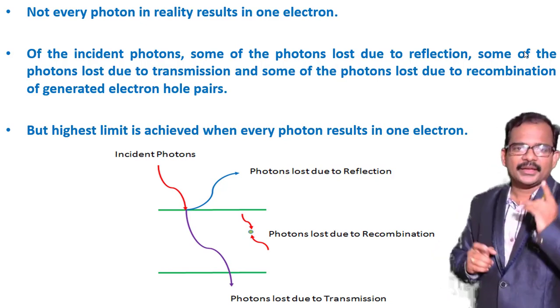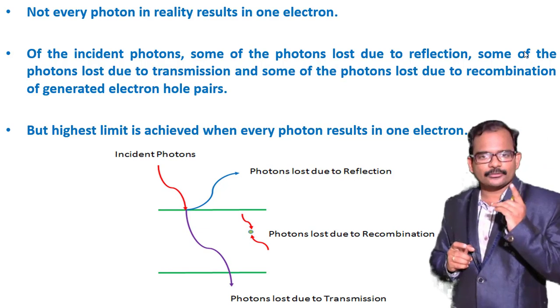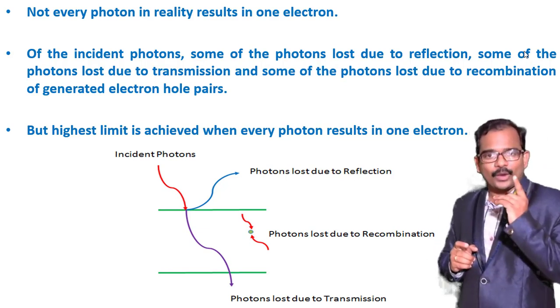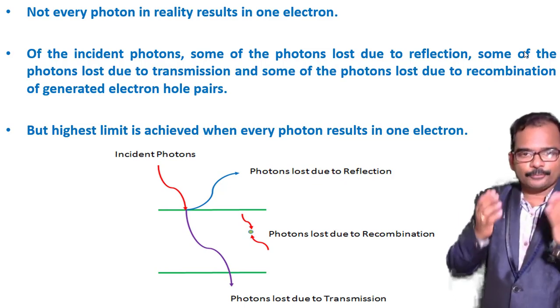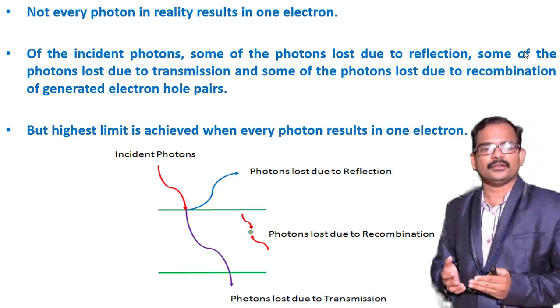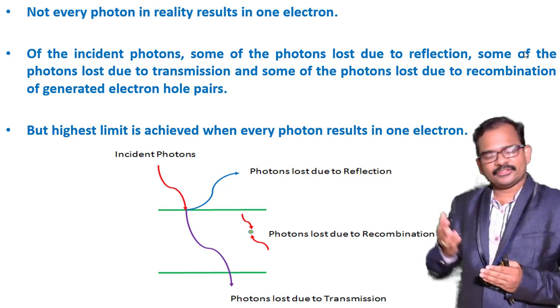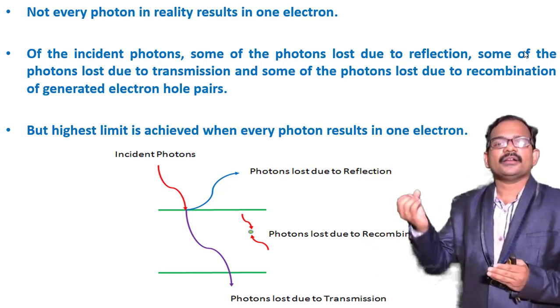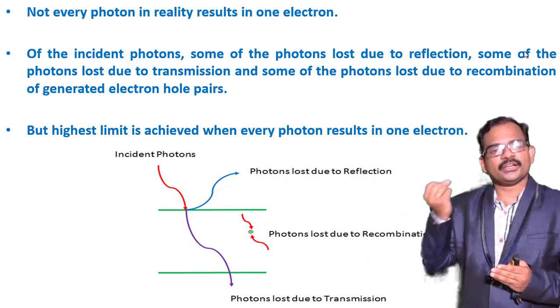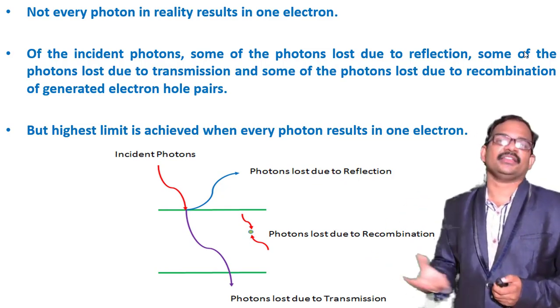Ideally, every photon striking the solar cell should contribute one electron. But practically, of the 100 photons falling on the solar cell, some 23 get reflected, some 20 get transmitted, some 5 get recombined, and the rest contribute towards the electricity. You can see it here.